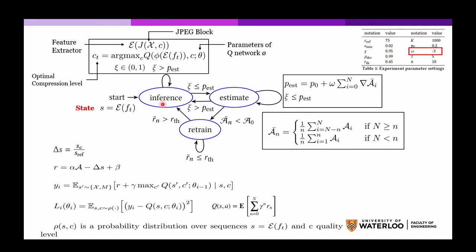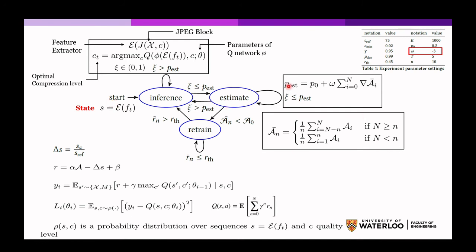Therefore, the estimating probability is vital to the whole system. On the other hand, the estimator should be called occasionally to estimate the current agent's accuracy, so as to decide whether to retrain or stay in the estimate state in the case of a change in the input sensory of the image.